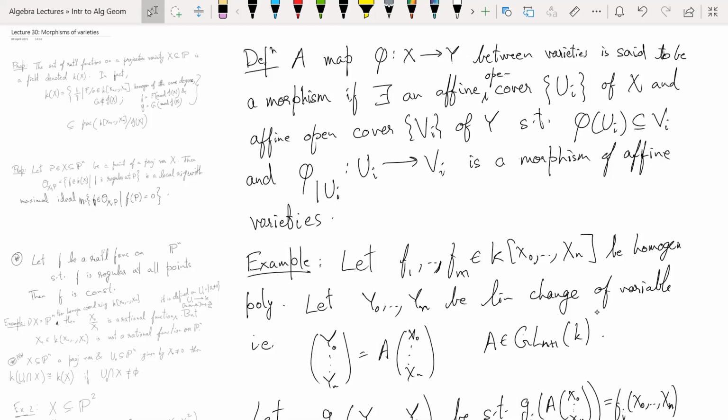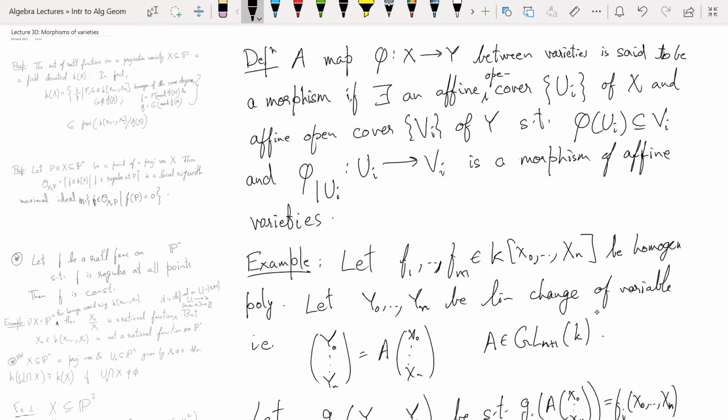So a map phi from X to Y between varieties is said to be a morphism if there exists an affine open cover Ui of X, that means the union of Ui's is the whole of X and the Ui's are all affine open subsets of X, and an affine open cover Vi of Y, such that phi of Ui is contained in Vi, and phi restricted to Ui, from Ui to Vi, is a morphism of affine varieties.